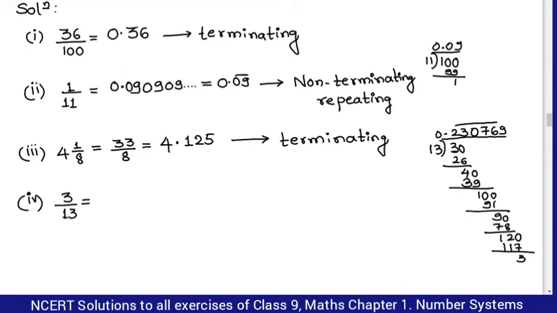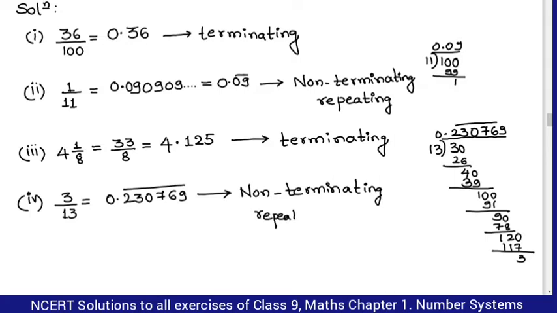So it will be repeated once again. Answer is 0.230769 whole bar. It is a non-terminating and repeating, or you can write recurring also, repeating decimal expansion.